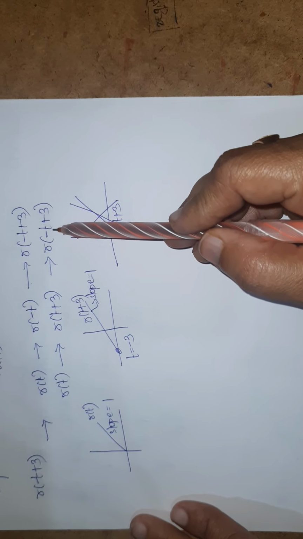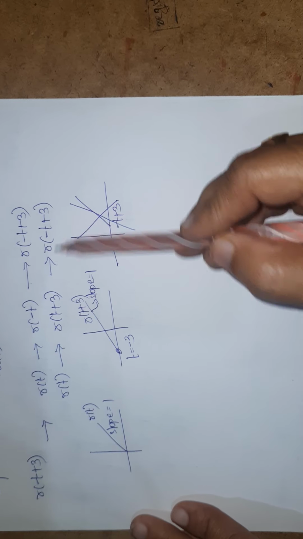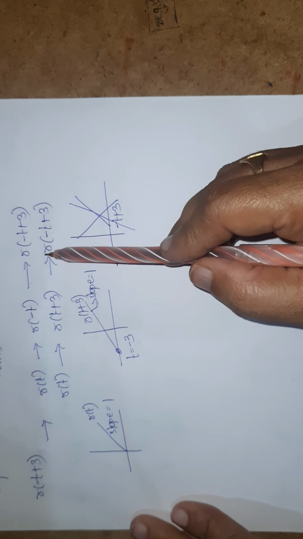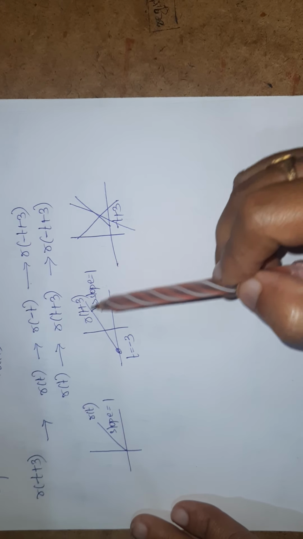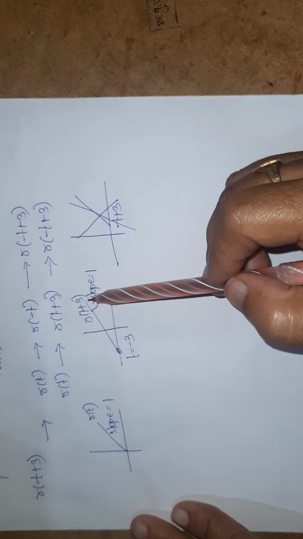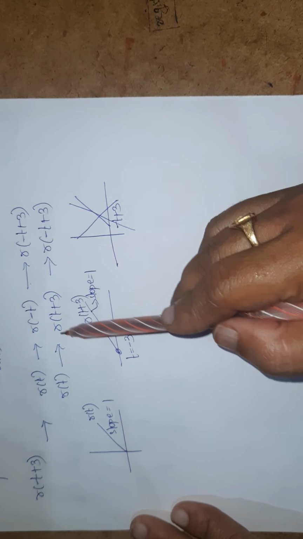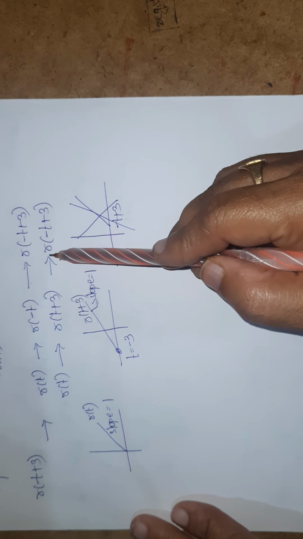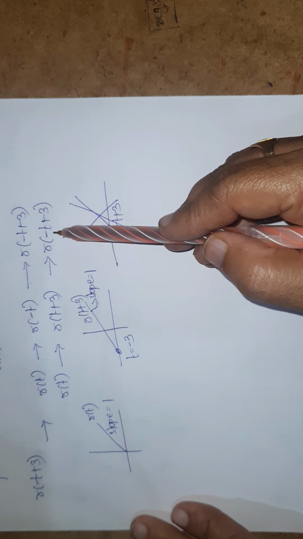The time axis is changing from positive t to negative t. Slope is 1 only. Here also slope is 1. It is also increasing slope. Here also increasing slope. Here positive slope. Here also positive slope. There is no change in the slope. Only the changes in time axis.